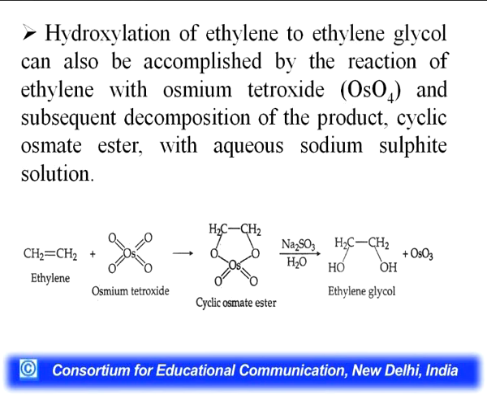Reaction: ethylene reacts with osmium tetraoxide, you can see osmium at the center and four oxygens with double bonds. First of all it gives the cyclic osmate ester. When it reacts with sodium sulphite, it gives ethylene glycol.